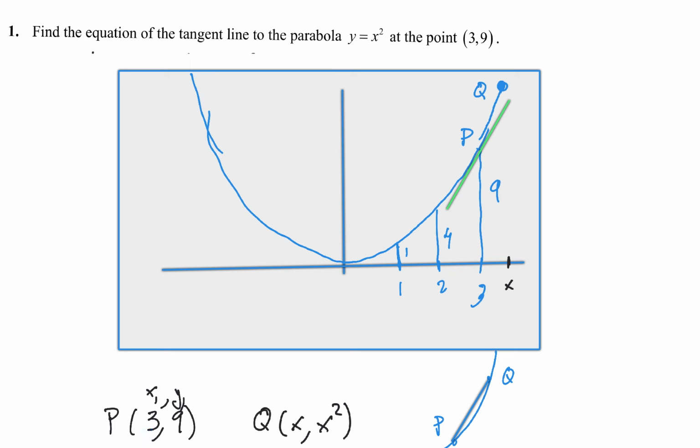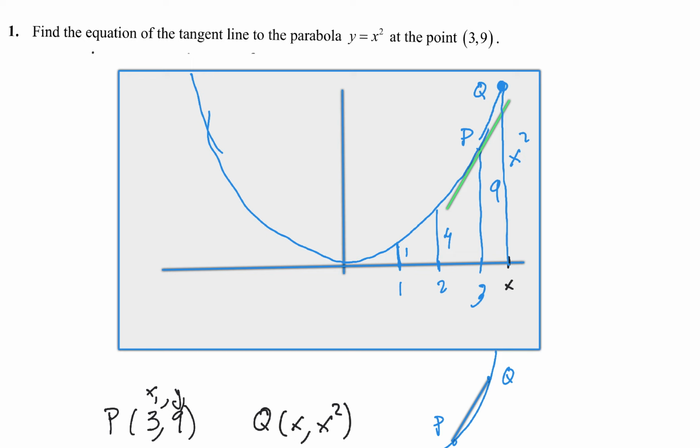And Q is a point that approaches P as much as it can, but is never P. Its components are x, comma, x squared. So Q is approaching. When x is approaching 3, what will be the slope?